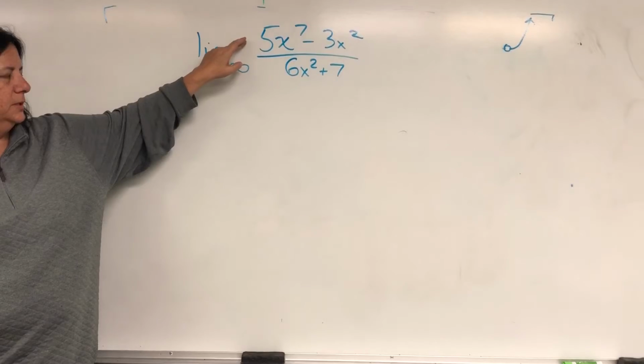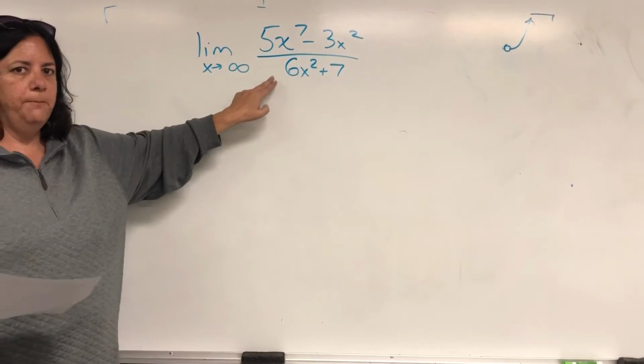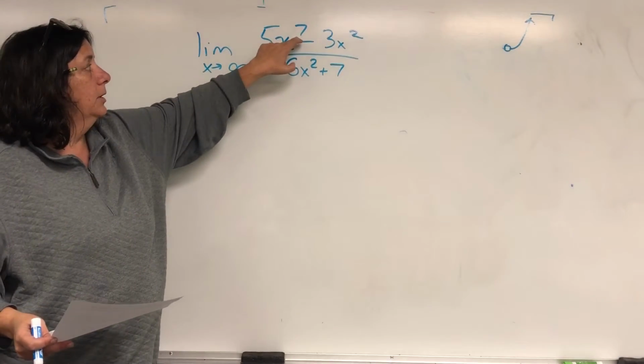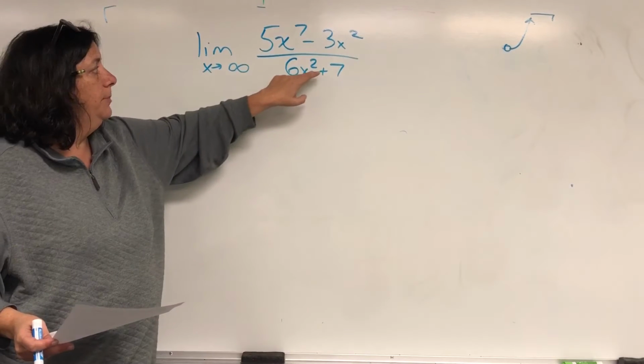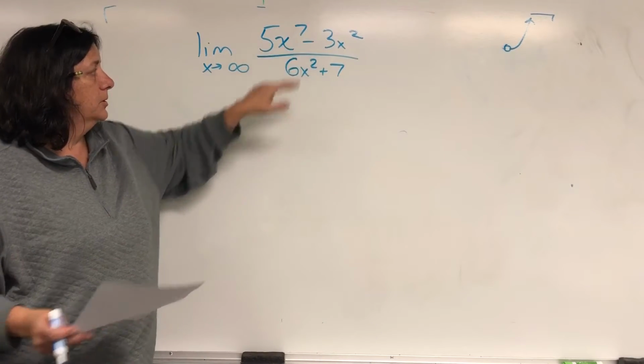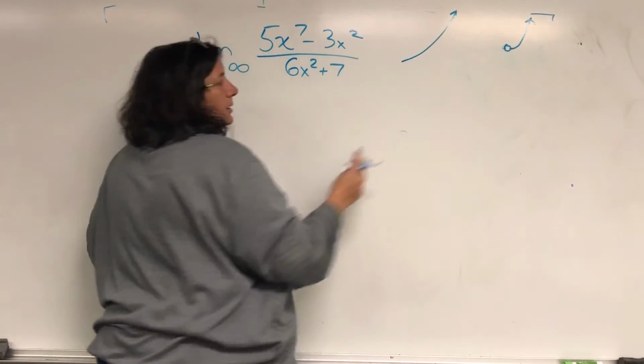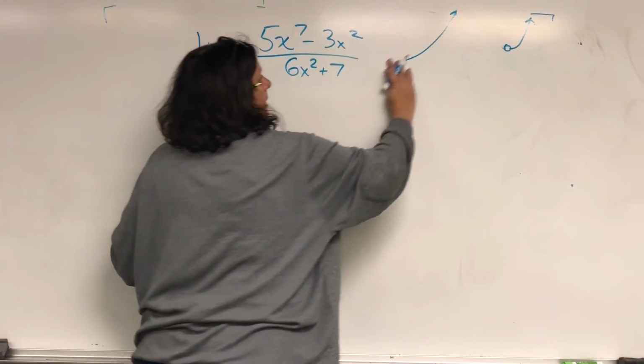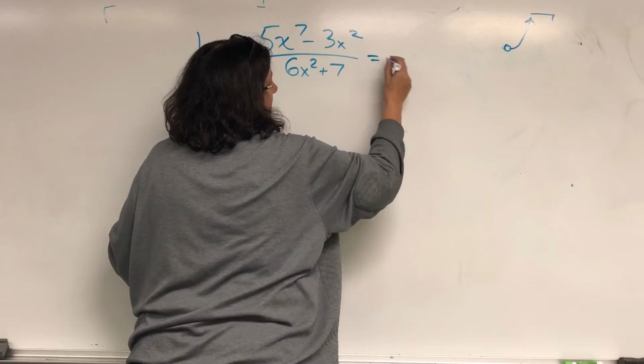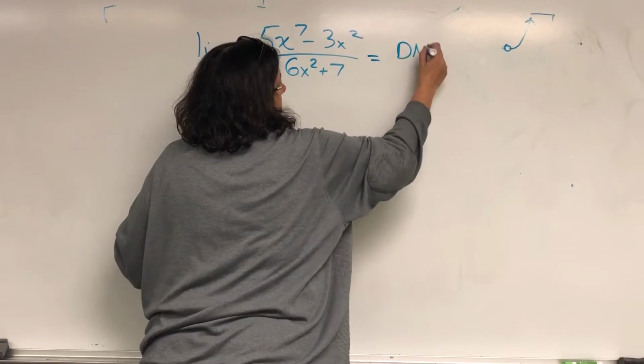The top of this is always going to be growing faster than the bottom. The bigger exponent, the bigger degree, is on top. As long as the bigger degree is on top, this thing's going to keep growing. It's just going to get bigger and bigger and bigger as x gets bigger. So it doesn't have a limit. So this limit does not exist.